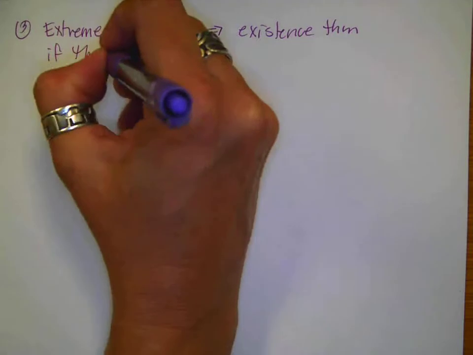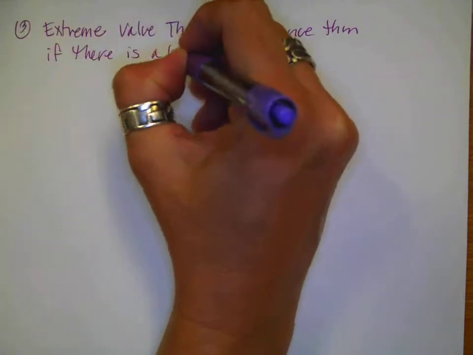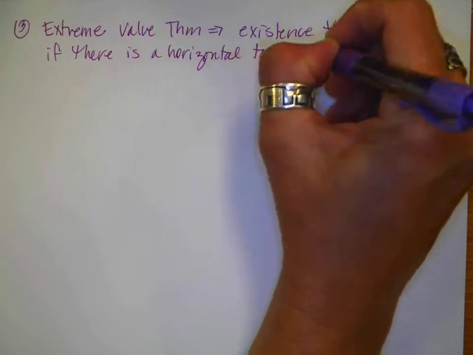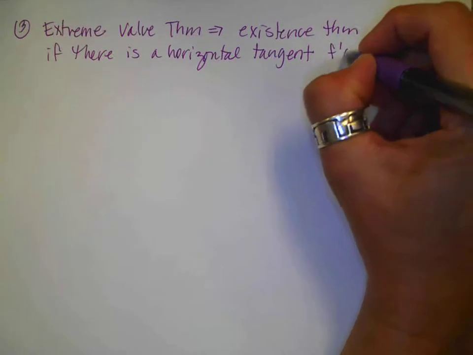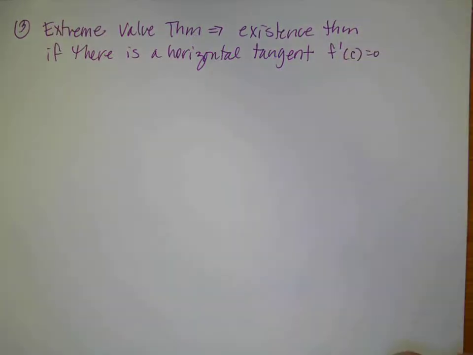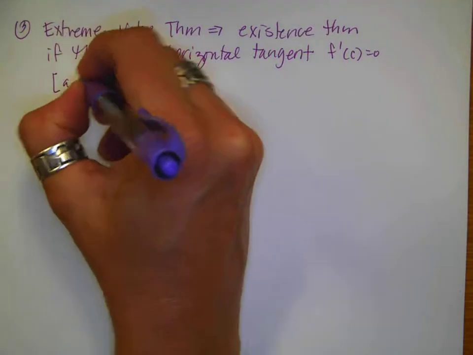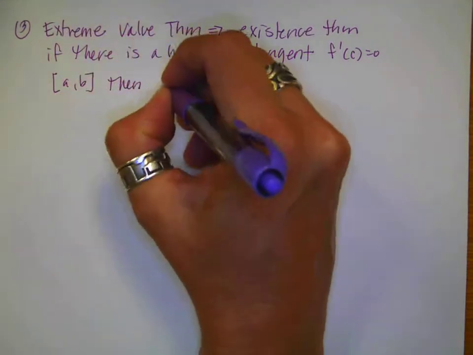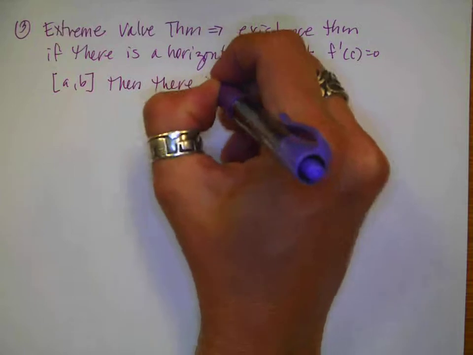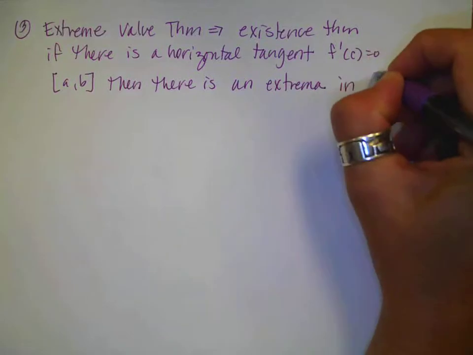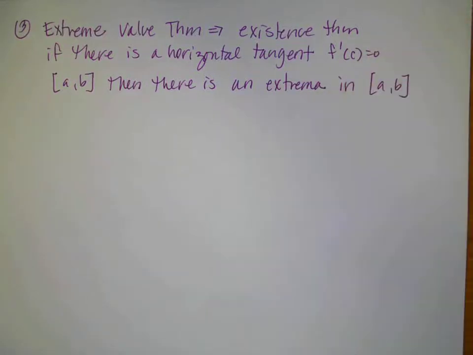So we've had a couple of different existence theorems, but this one says if there is a horizontal tangent, and I know that because I would get f prime at a constant is equal to 0, the slope of the tangent line is 0, so I would have a horizontal tangent in an interval from a to b, then there is an extrema in the interval.